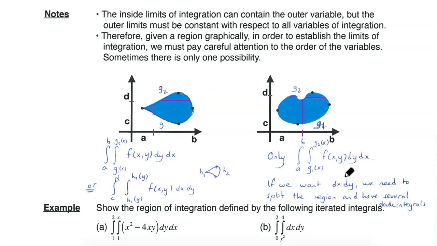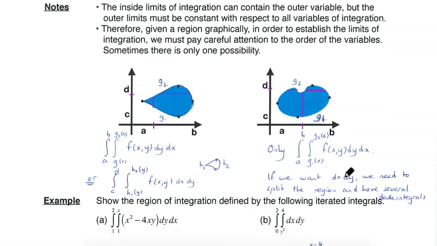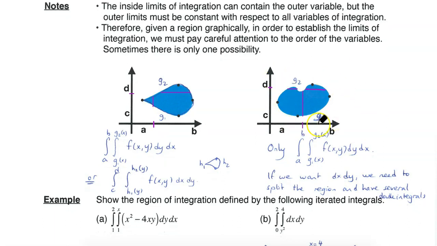So sometimes there is only one possibility. It would still be possible to integrate in the order dx dy, but we would need to split the region into many separated regions. Maybe we would have to split the region here and then treat it as two separate regions.